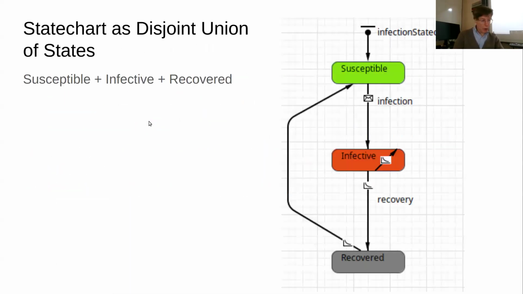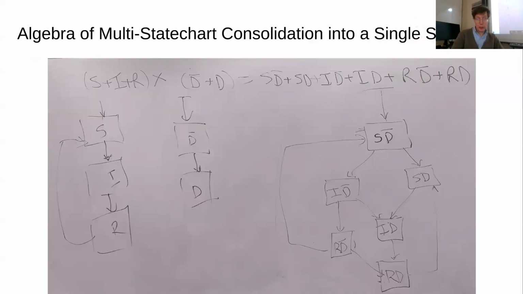So let's get back to our algebra of state charts or mathematics of state charts. What I'm saying is, if I have this state chart here, this state chart here, the states I can be in at any one time are one state with respect to this one and one state with respect to this one. And this is what the algebra gives you, right?